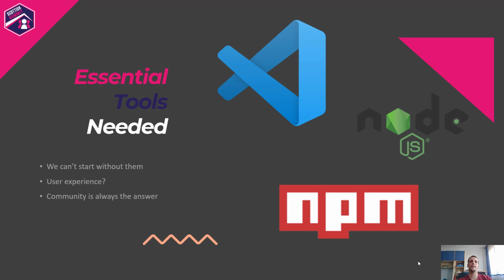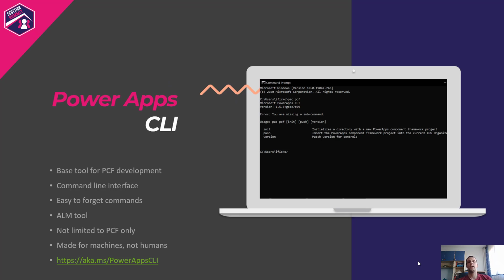Okay, let's start with the first one. We need to create a new project. How can we create a new project? We can create a new project with the Power Apps CLI, which is the base tool for PCF development. Without it, we can't do lots of stuff with PCF projects, so you need to download the CLI tool to initialize your project.